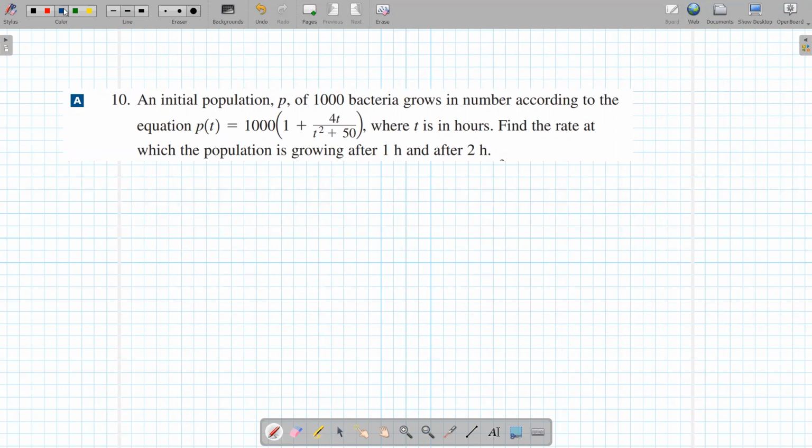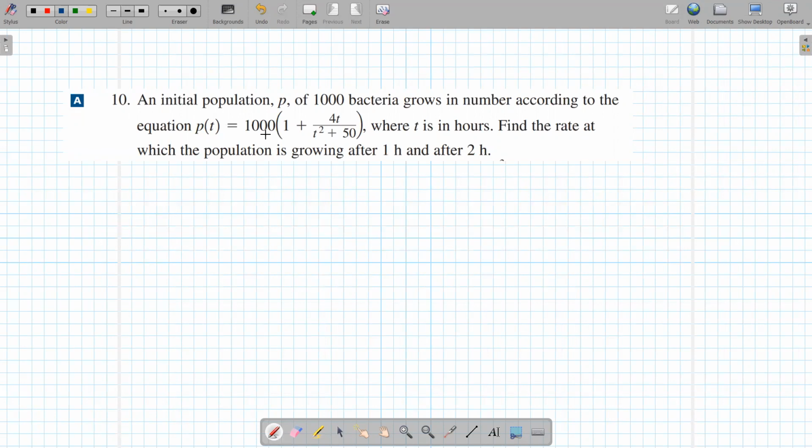What does rate of change mean? Rate of change is simply just the derivative, right? In fact, after 1 hour means they wanted to find at 1 hour. That will be IROC. So basically, we're just going to find the derivative, and then we're going to plug the x value as 1, and then we're done. That's all we need to do.